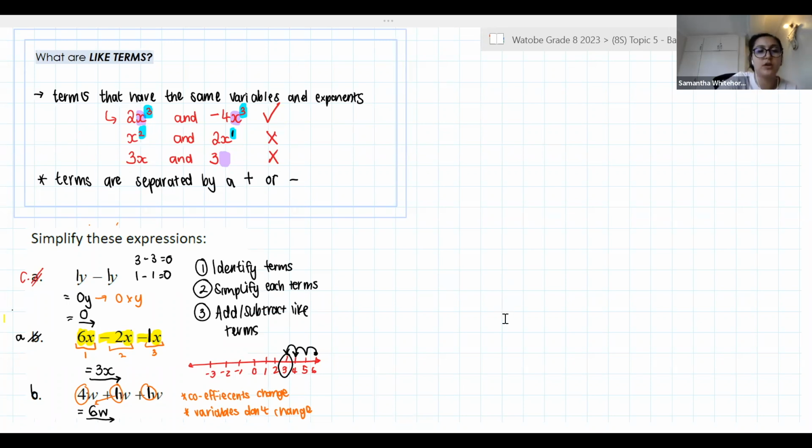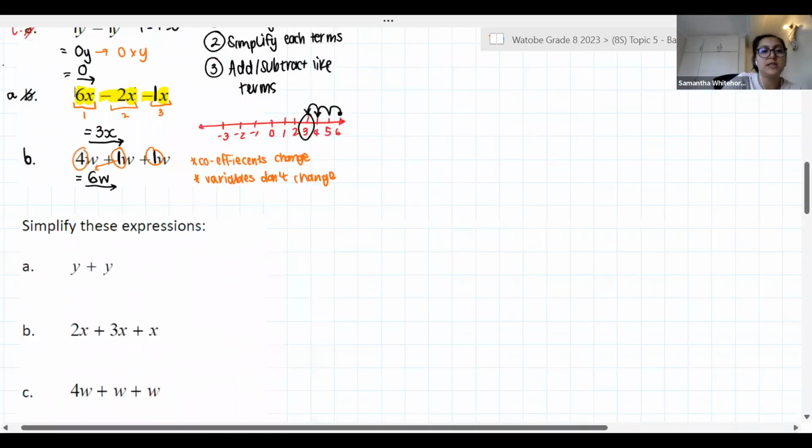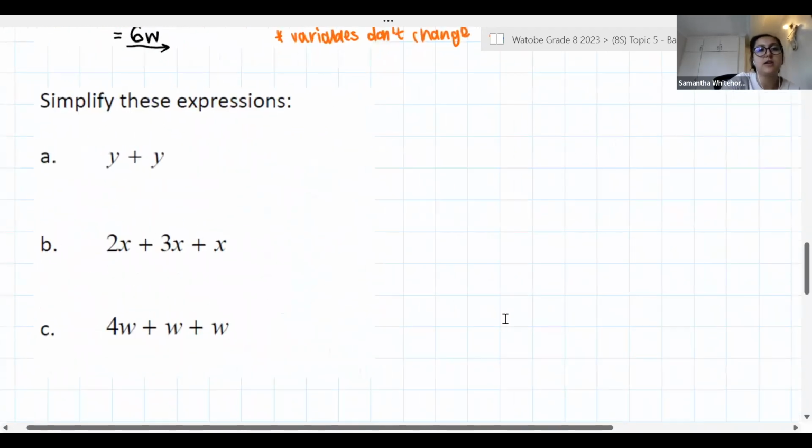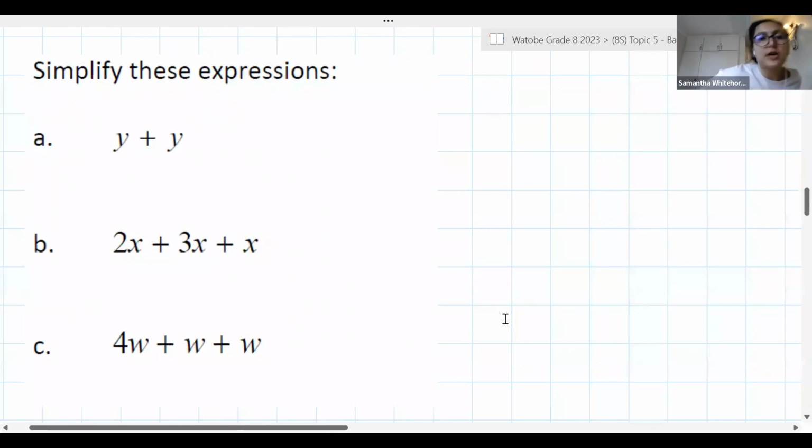Right, guys, I hope we've all got our screenshots. Have a look at these next expressions for me. You guys are on a roll, so I want you to try these by yourselves. So in the chat, write A, B, and C with your answers. Remember, check and see where your like terms are and add your terms together.